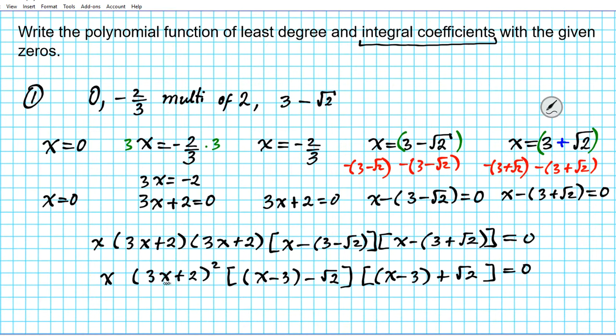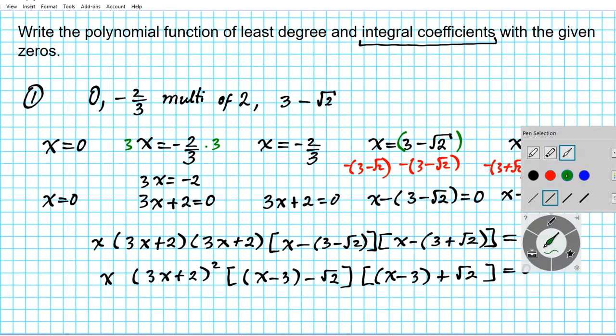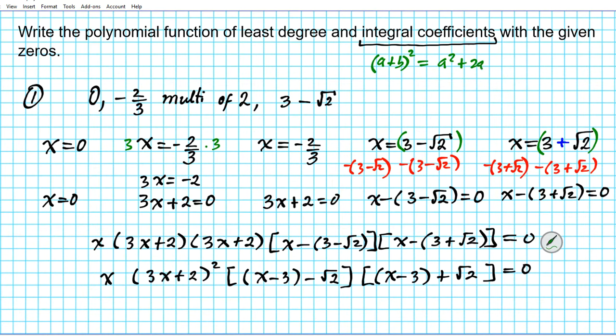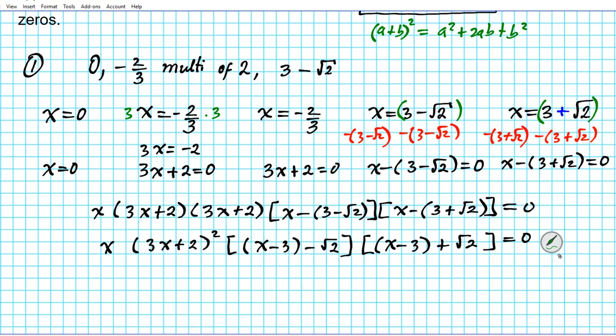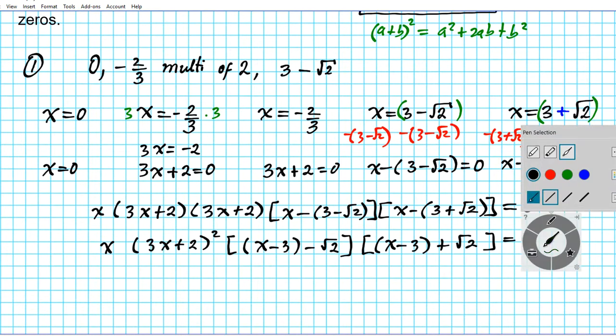If you take a look at this piece right here, 3x plus 2 squared, remember the formula we talked about earlier? Let's refresh our memories. We talked about the square of a sum. So a plus b, if you take the square of a sum, is going to be a squared plus 2ab plus b squared. Now, if you do not like this formula, you can multiply 3x plus 2 by itself and FOIL that out. You will get the same answer. I'm just using shortcuts to accelerate the computational process.